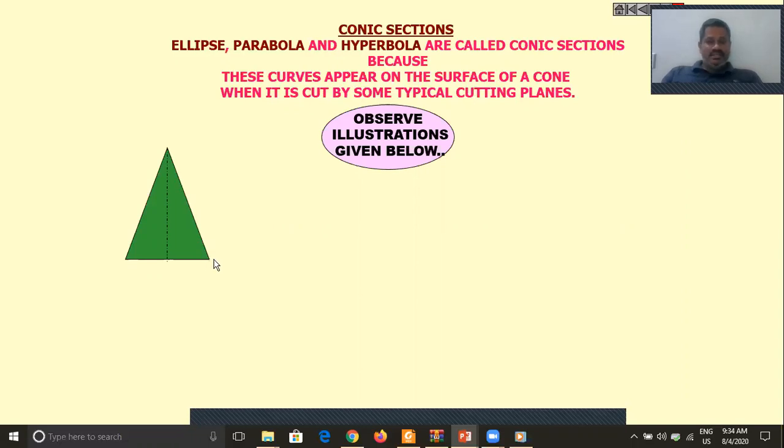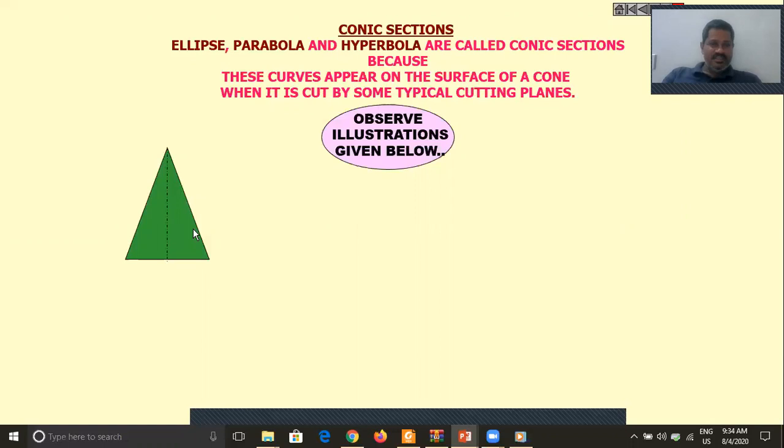When we revolve this slant line about this axis, we get this cone, so we call these slant lines the generators. In different cases, we take one section plane and cut this cone in different directions and methods. We will get different shapes, and those shapes we call ellipse, parabola, and hyperbola.